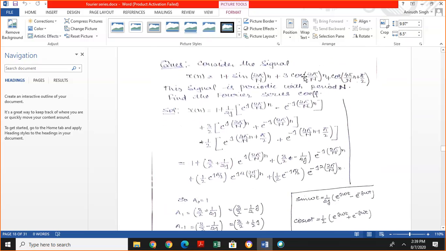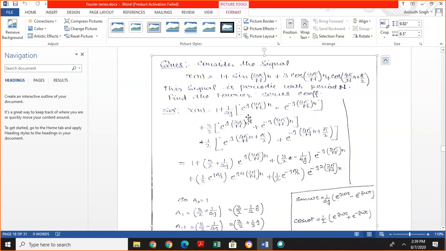Suppose that this signal x of n is given by this expression, and here you have to calculate the Fourier series coefficients. First we write sine omega n in terms of exponential j omega.